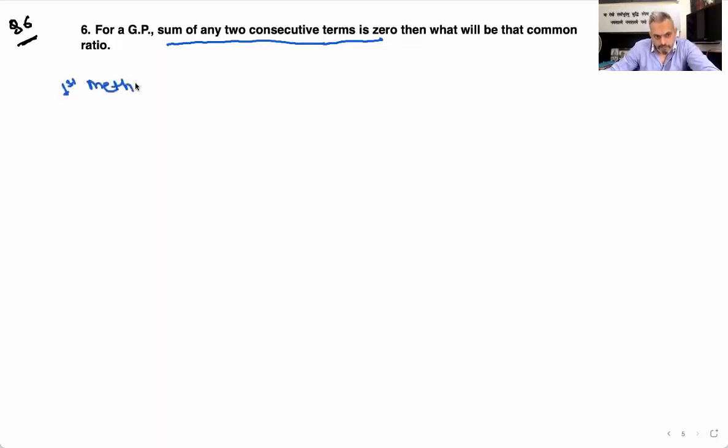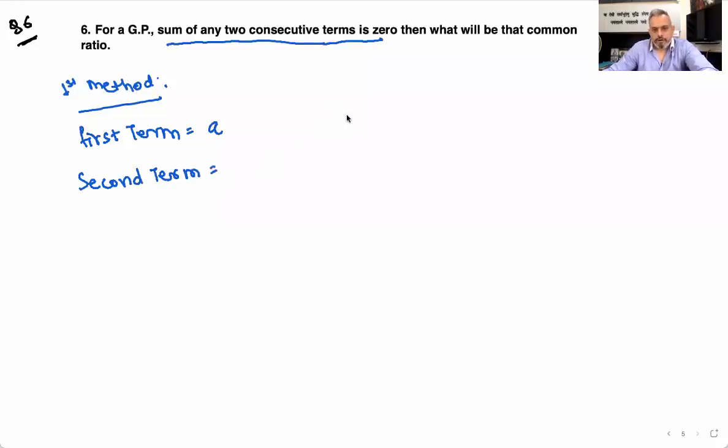Now as per the first method, the total of two terms is 0. So we take the first term as A. So the second term will be equal to what? It means A plus the second term, A plus T2 is equal to 0.